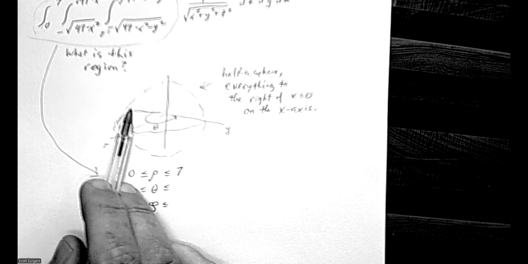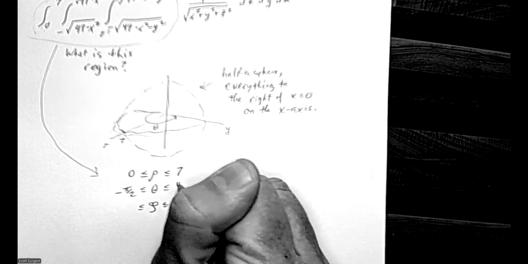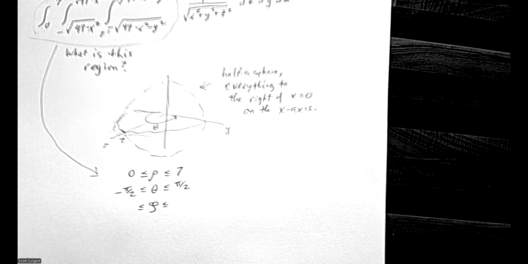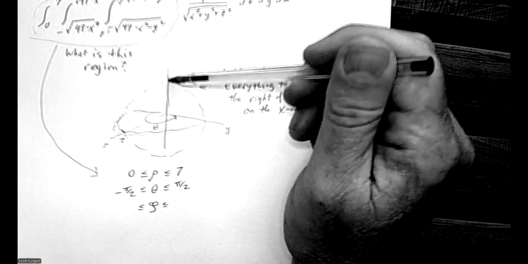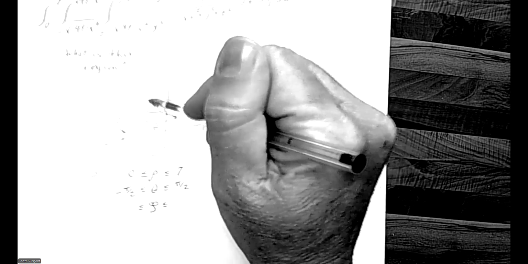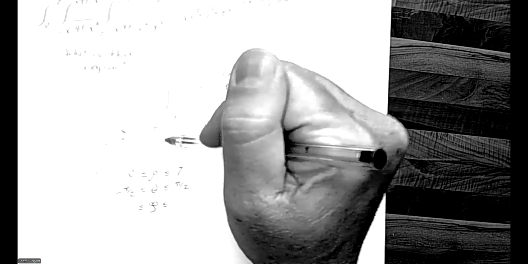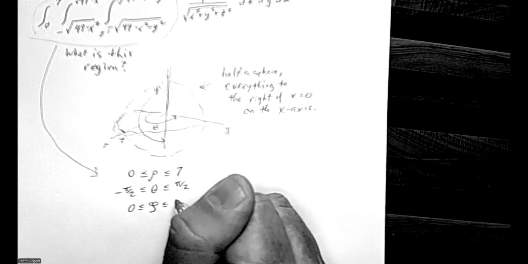So we're starting here at the negative y-axis, so it's going to go from negative pi over 2 to positive pi over 2. And then the phi is what I call the equilibrium. When it's straight up, it's 0, and when it's straight down, it's pi, because that's 180 degrees. So your phi angle is going this way from the z-axis. It's going to go from 0 to pi.